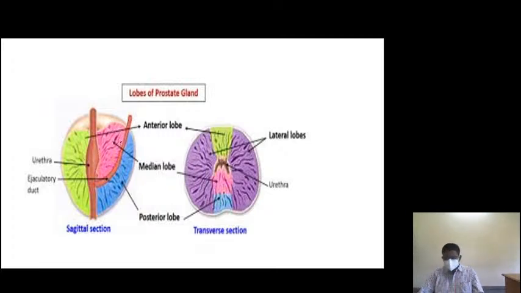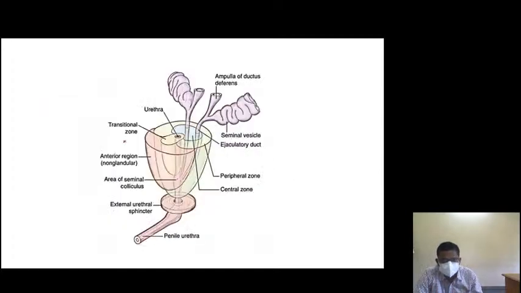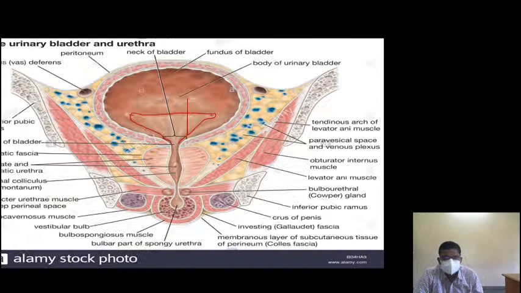So why we have divided it surgically into 5 lobes is because the median lobe is the commonest lobe which is involved, which gets enlarged in case of benign prostatic hypertrophy. So now coming back to this structure.